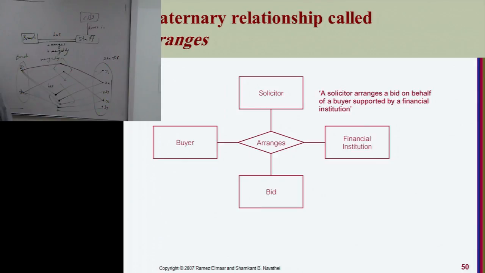Excellent. Here is another example for a quaternary relationship, maybe 5, maybe 6, any other, but it's a symbol that we can use. You don't have to link to the corner.